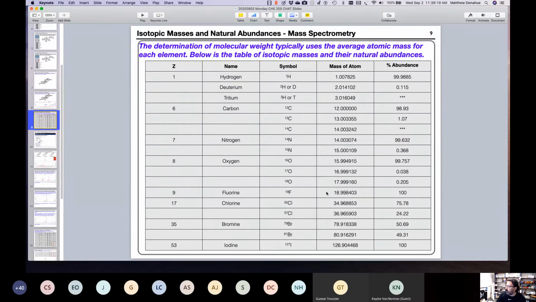Fluorine has only 1 isotope. Chlorine has 2, 35 and 37. Look at their abundance. Look at these two numbers, 75, 24. So we'll just say 75, 25. If you take 75 divided by 25, I know this is simple math, but what is that ratio? This to that, what's the ratio?